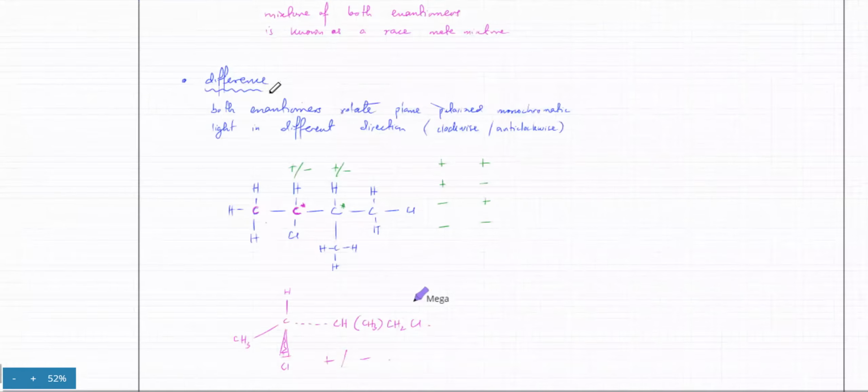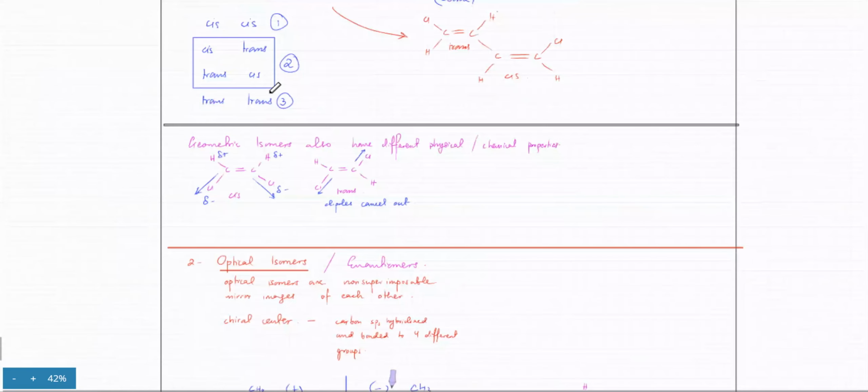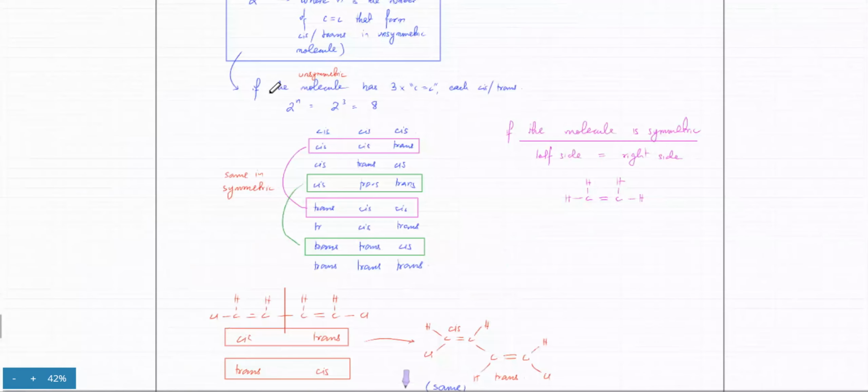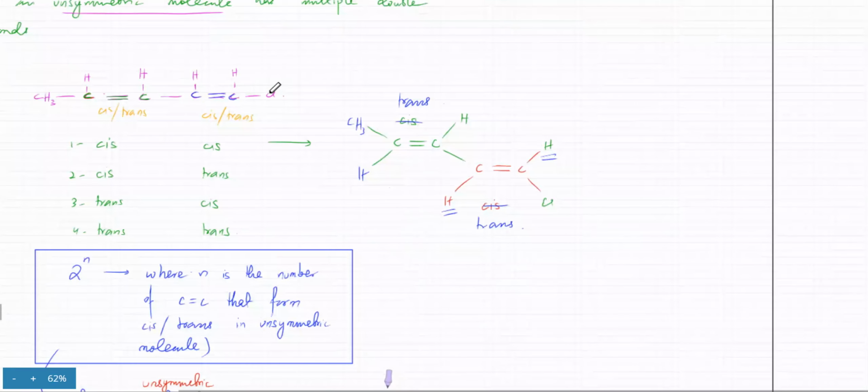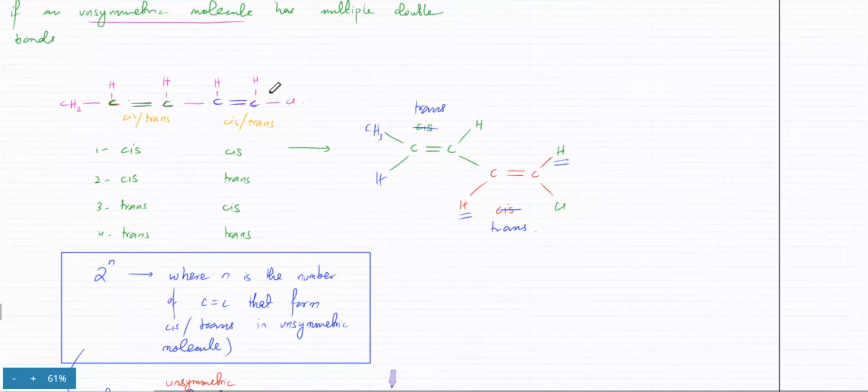But what happened in alkenes? If you go back to alkenes and we did the whole cis-trans thing, okay, look at the screen. If a molecule had two double bonds, this could exist in cis and trans versions, and this could also exist in cis and trans versions.